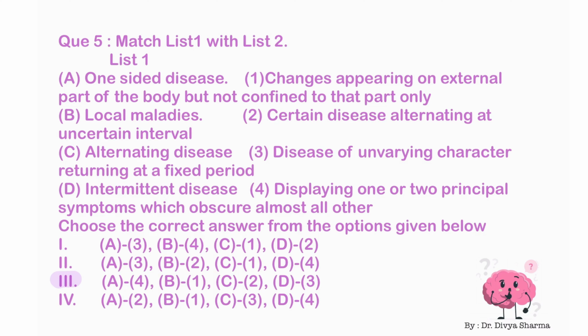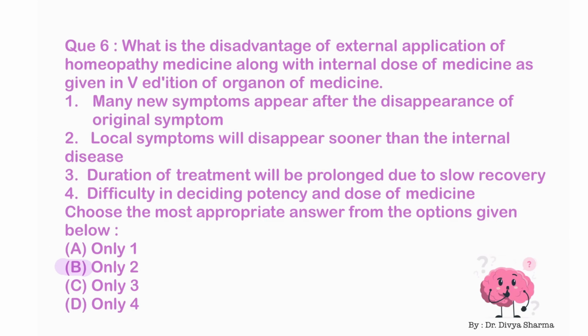What is an alternating disease? Certain diseases alternating at uncertain intervals. And what are intermittent diseases? They are diseases of varying character returning at a fixed point, interval or period. So the correct option is option 3.